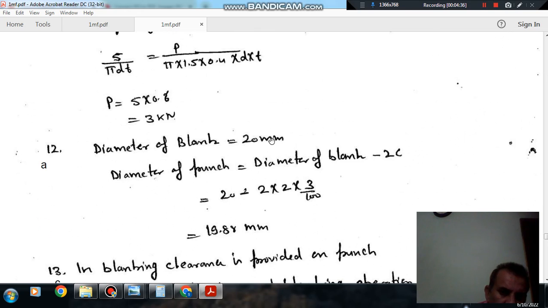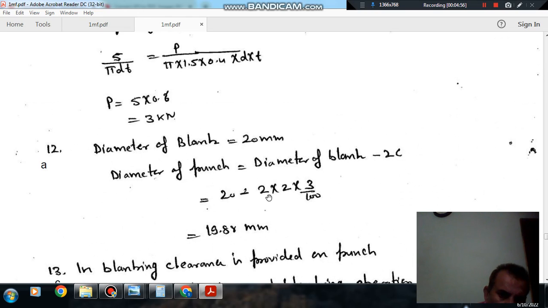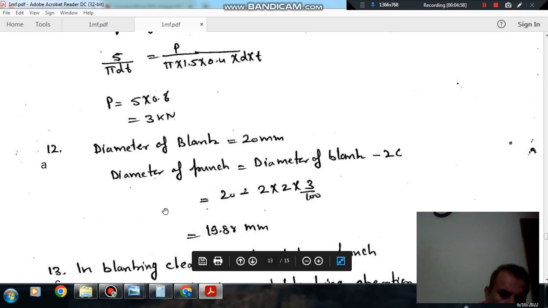So diameter of blank is 20 mm and diameter of punch is diameter of blank minus 2c. As the clearance is 3% of thickness, and thickness is 2, diameter of punch comes out as 19.88 mm.